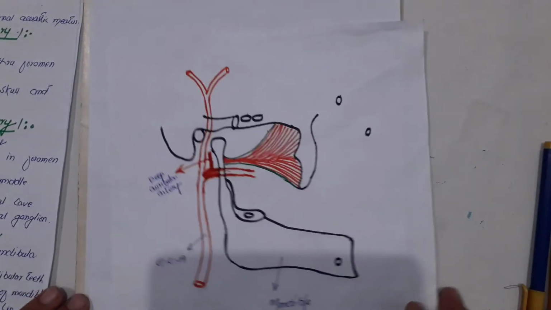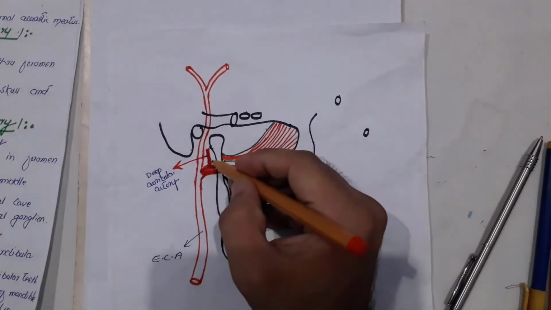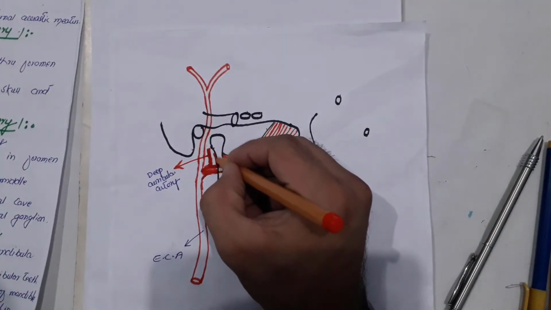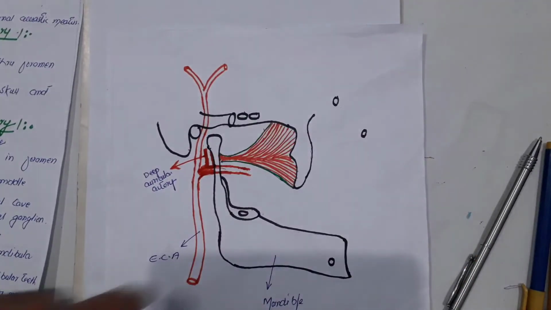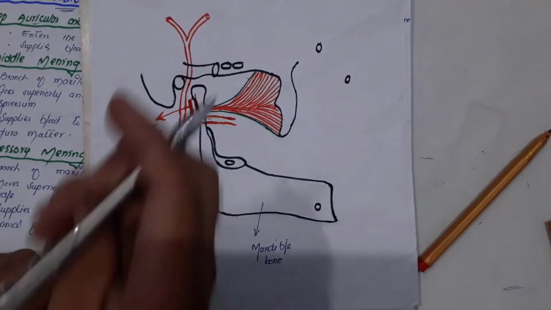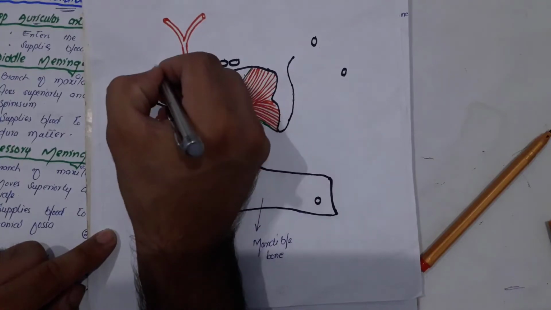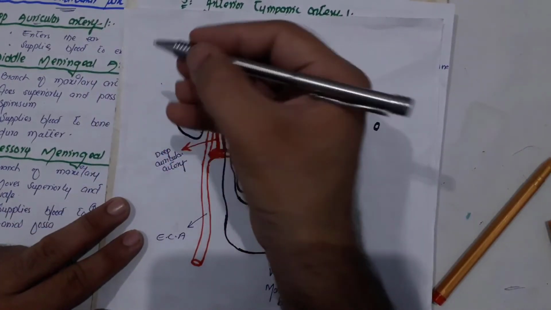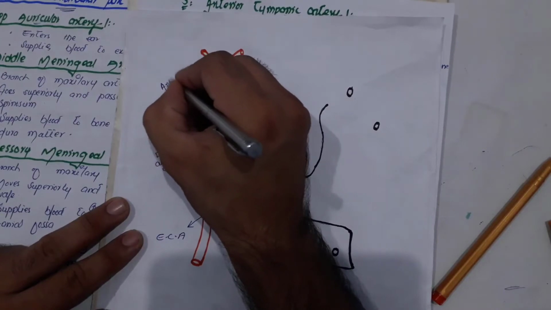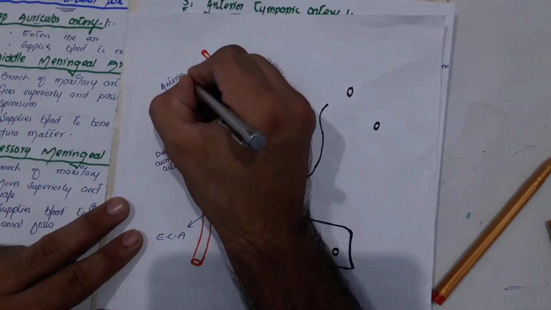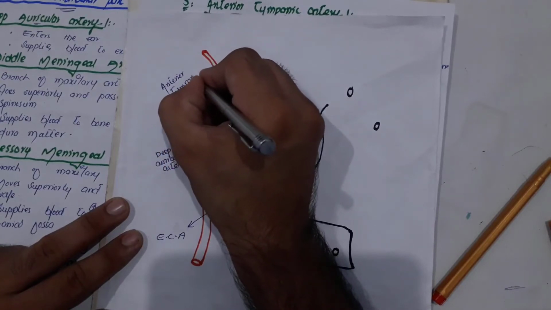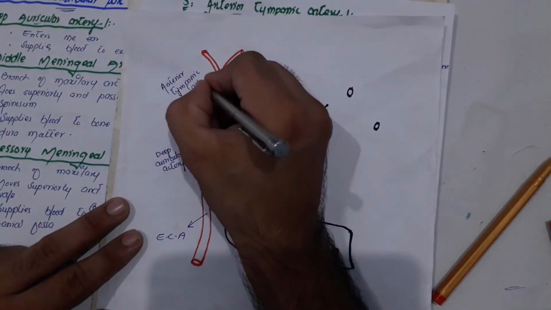Clear, friends? Okay. Here is another small branch which arises from this artery, and this second branch is called the anterior auricular artery. Sorry, anterior tympanic artery, right? This is the anterior tympanic artery.